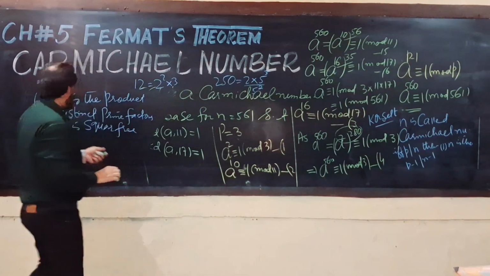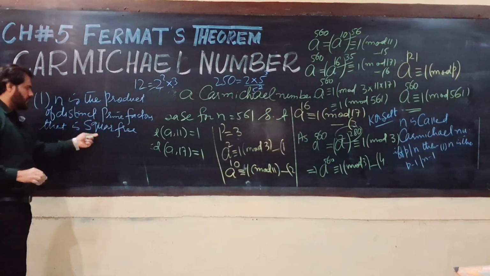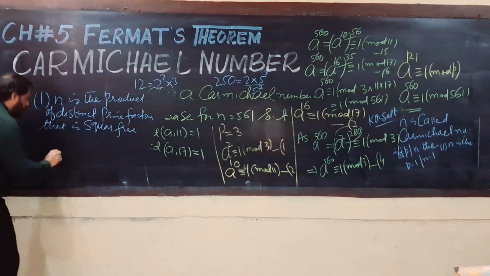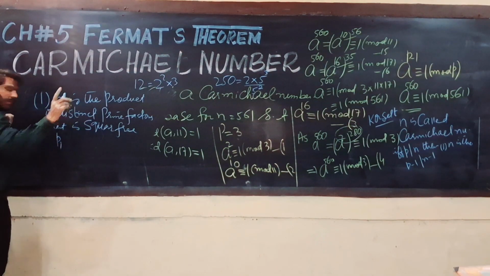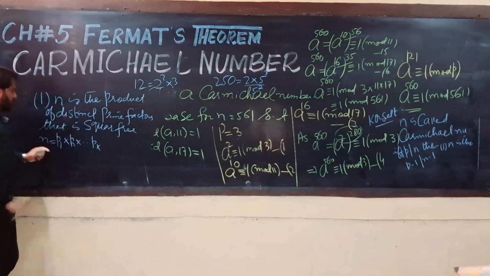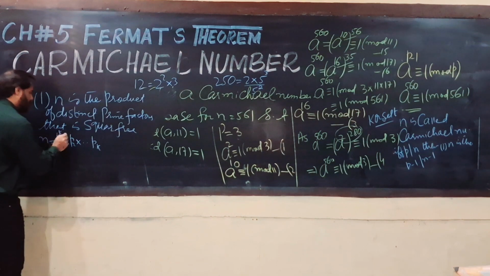So the first condition is that n is the product of distinct prime factors, that is, square free. It is just a product of primes with only power 1, like p1 into p2 into p3 up to pk. This is the prime factorization of n. There is no prime factor with some power k1, k2.